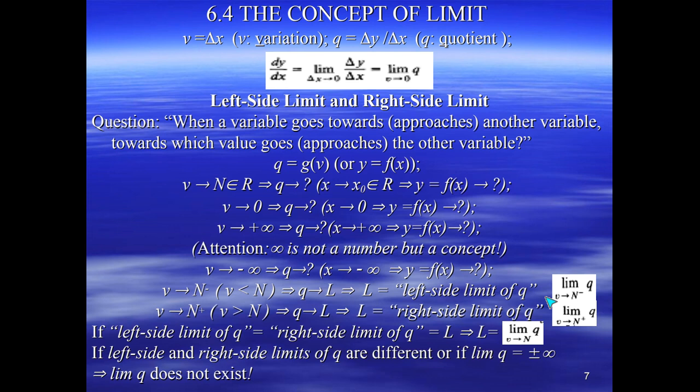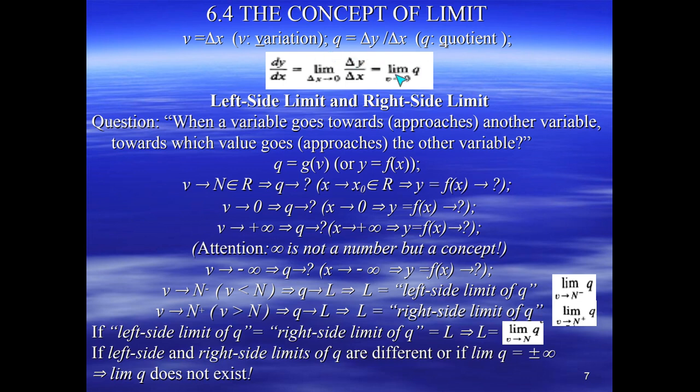Here, our book prefers to tell the story by v and by q because it wants to end up with the derivative. So dy over dx is, as we said, by definition the limit of delta y over delta x when delta x goes to 0. If delta y over delta x is q, and delta x is v, then it is the limit of q when v goes to 0.